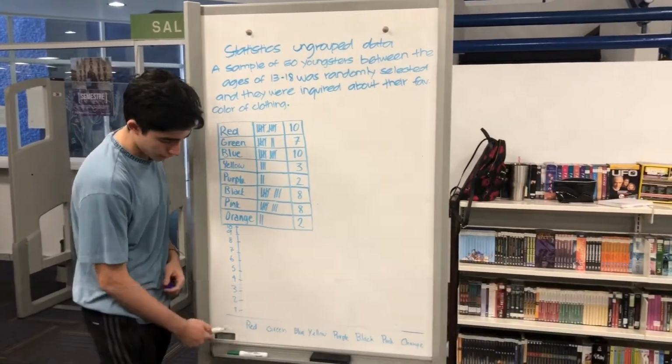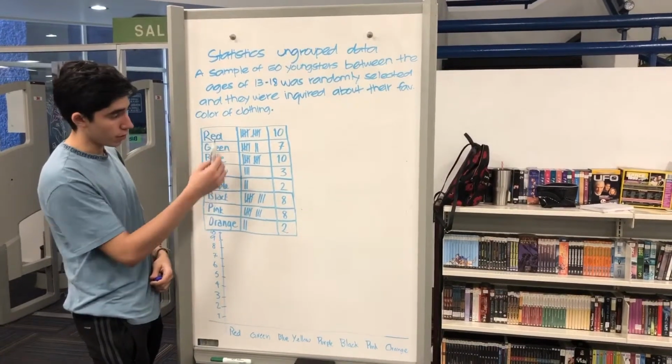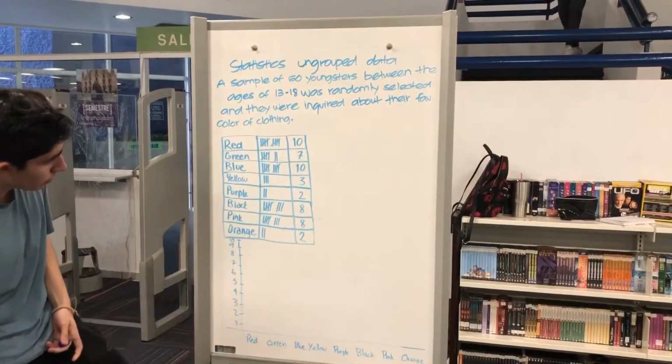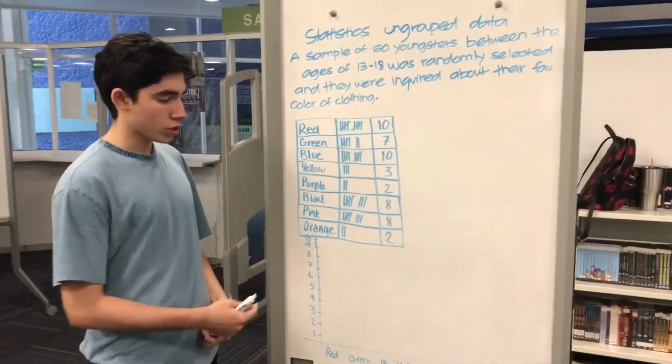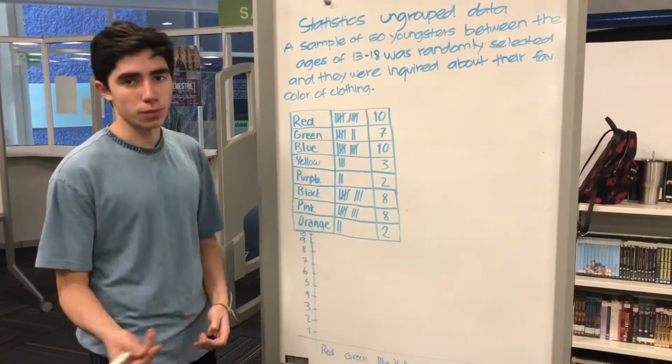Okay, so this is the bar graph. Down here in the x-axis, we have the types of the variables that we are analyzing, and here we have the frequency of how many times the variables appear.